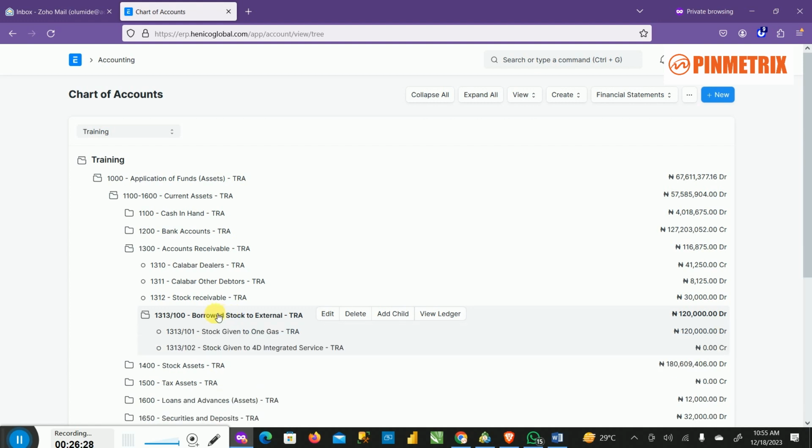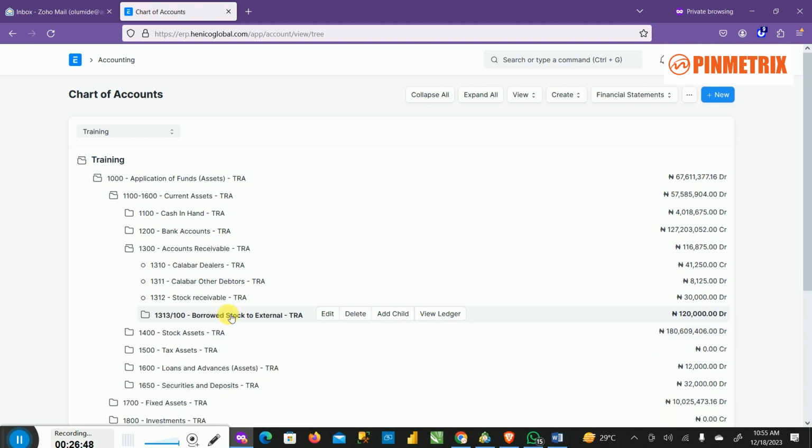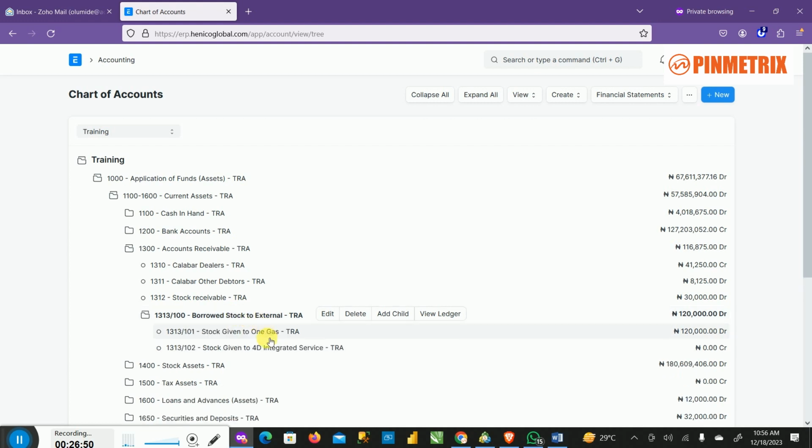Yeah, this should be stock given to. No, I'm sure this is not the transaction we did, but let's just check to be sure.